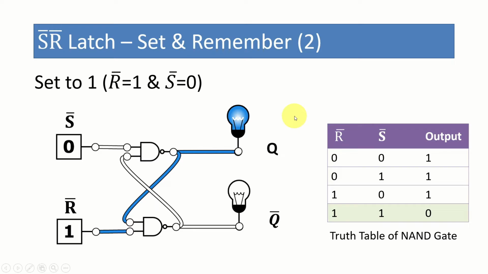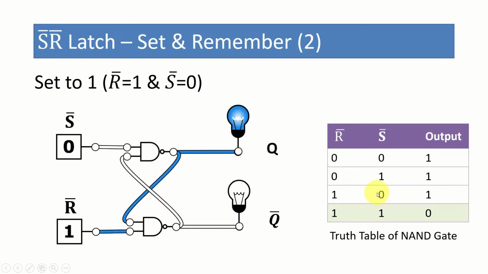Now let's look at how the sequential logic circuit for the S bar R bar latch does this functionality. In order to set the bit to 1, we have to give the R bar 1, S bar 0 combination. And in order to understand the S bar R bar latch set functionality, we have to look at the truth table of the NAND gate, because we are using two NAND gates.